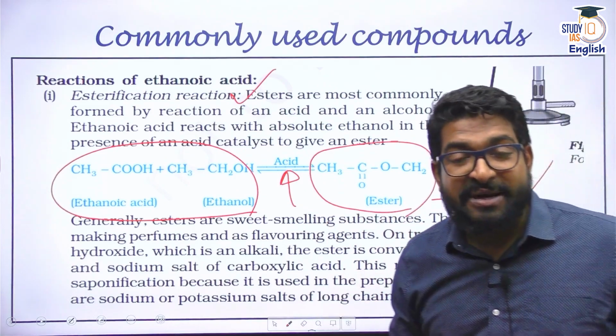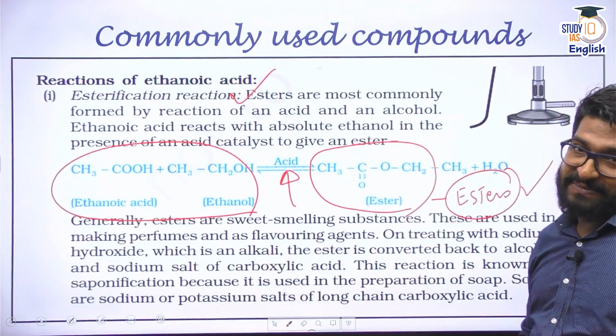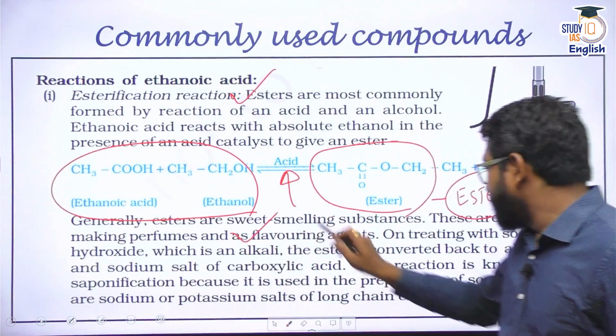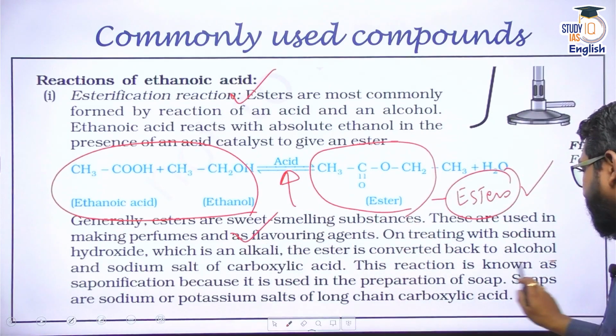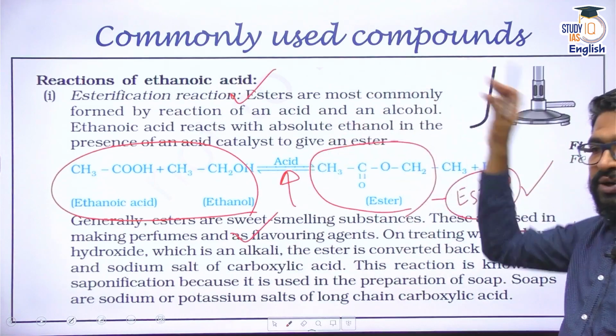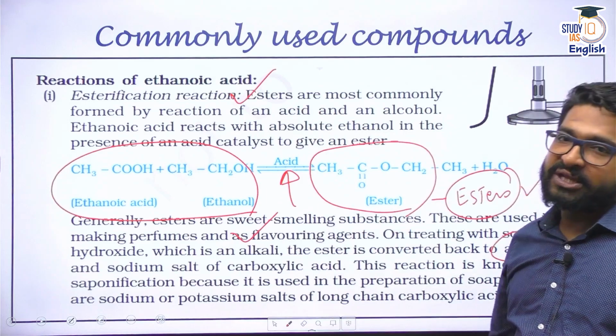These ester-based compounds are also used in perfumes, as they give a good fragrance. On treating with sodium hydroxide, which is basically an alkali, they can be converted back to alcohol. But this is basically the esterification reaction of ethanoic acid.